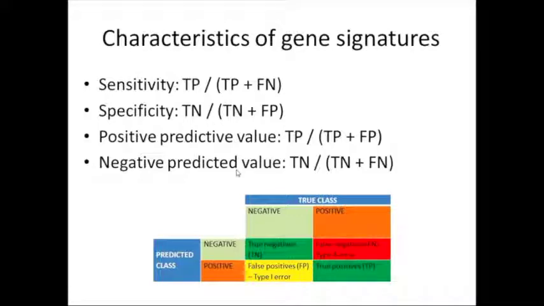here. So generally, all patients in a test, in a validation experiment, can be divided into four groups.